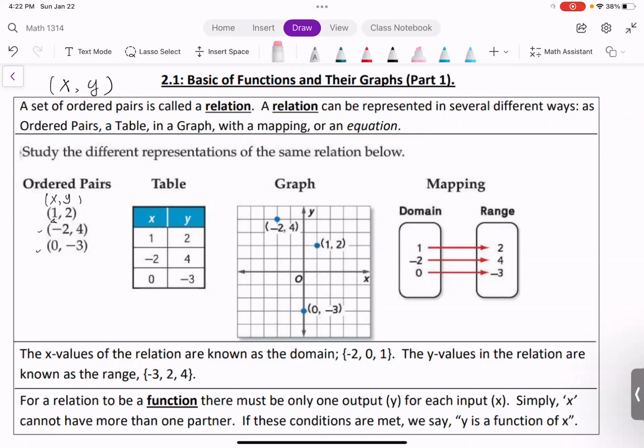And next point, if I'm looking for -2, 4, the X value for this point is -2. The Y value of this point is 4. So any other point has both an X and a Y value. So this is two-dimensional.